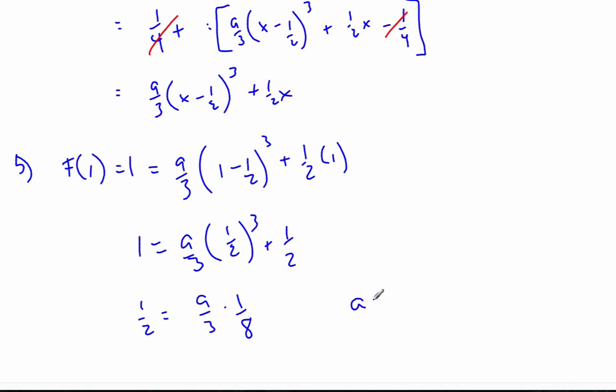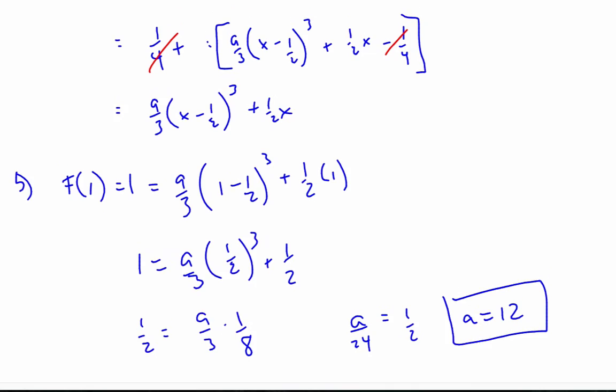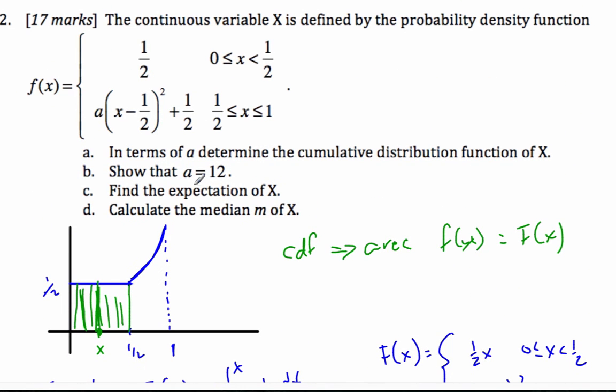And so I get, oh no, it's not, a over 24 is equal to 1 half. And so clearly a is equal to 12. And so now I have the cumulative distribution function in terms of a, with a being 12.